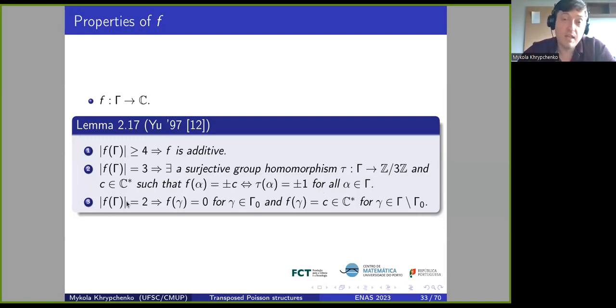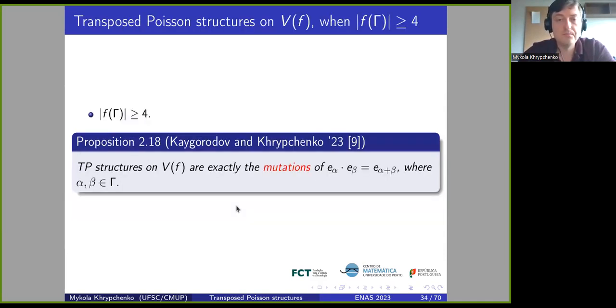And if F takes 2 elements, then you can just take an arbitrary subgroup of gamma and define your F to be 0 on this subgroup and some non-zero element otherwise, on elements outside this subgroup. So in this case, you cannot say a lot about this map.